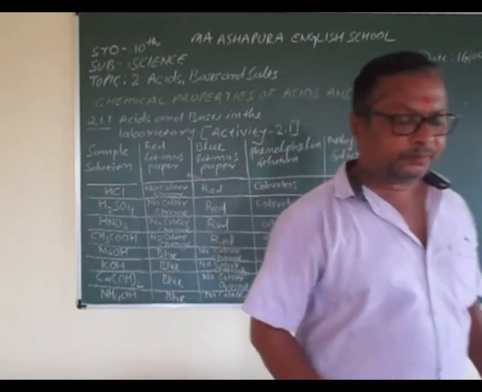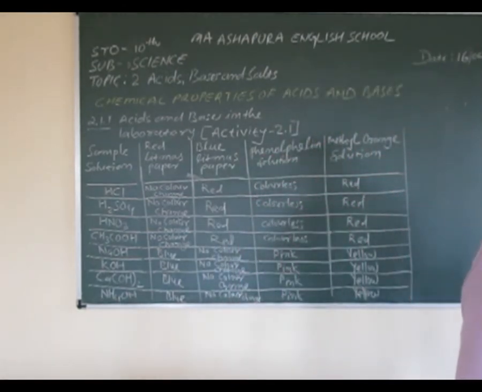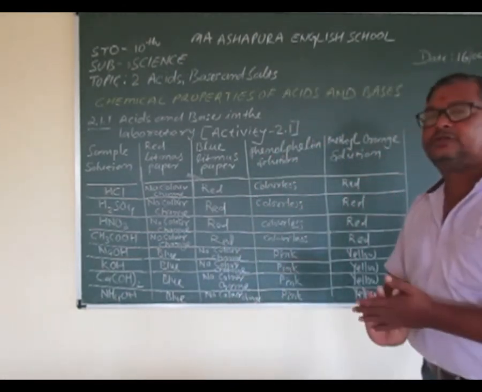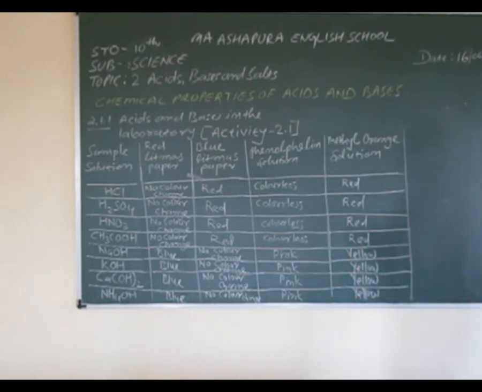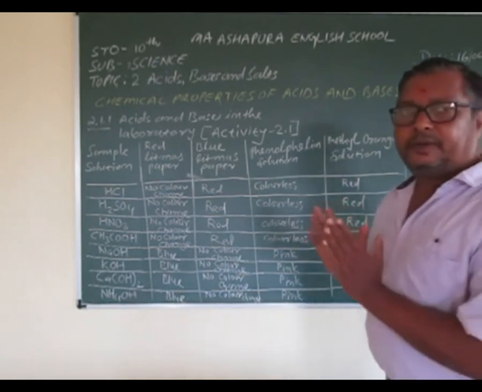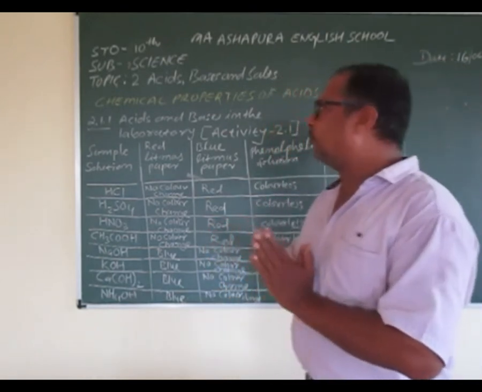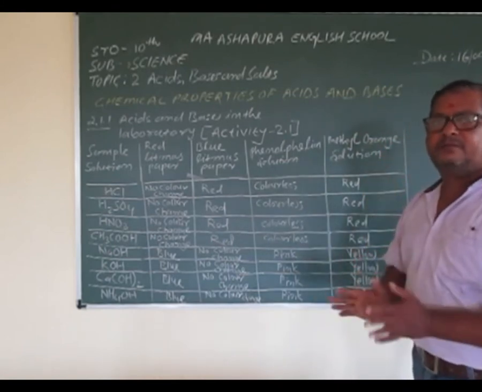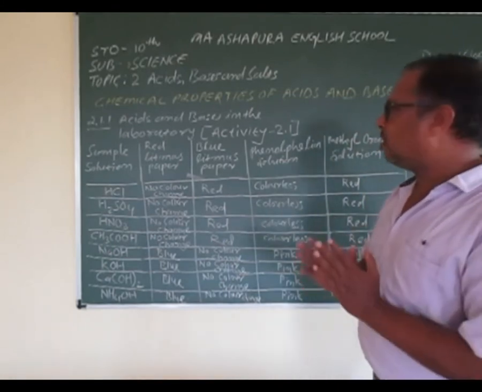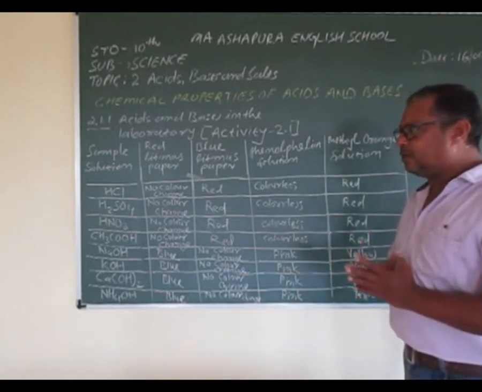Okay students, write down all observations in your notebook and listen to me carefully. Here we discuss the first point of the chemical properties of acids and bases. Our aim is to study the test of acids and bases in the laboratory.